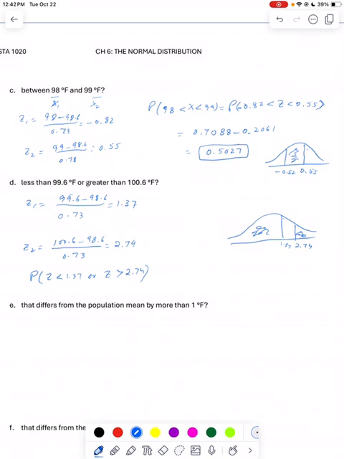So we can also write it like this. We can say this is the probability that z is less than 1.37, or union, which changes to a plus sign when we are doing the probability, plus the probability that z is greater than 2.74. So find the probability here, find there, and then we add them.